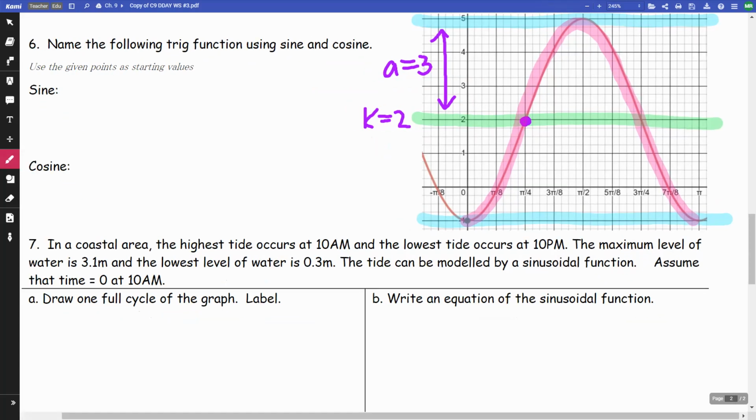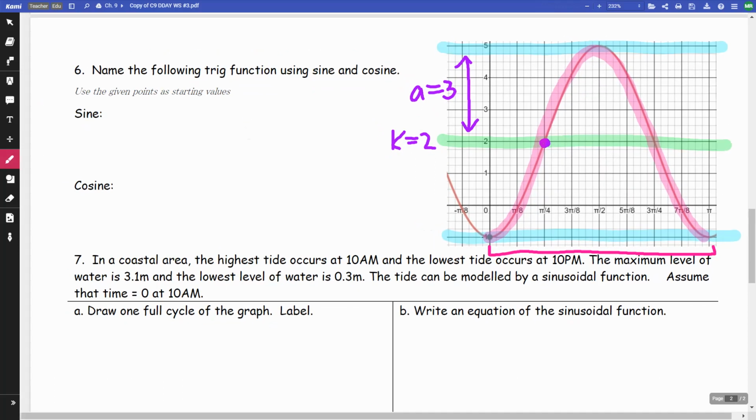So I'm going from 0 to pi, 0 to pi. So my period is going to be pi. Now, if my period is pi, I know that 2 pi over b is equal to my period. And since my period is pi, that means my b, if I do that math, is going to be 2. And then I'm going to start here at pi fourths.